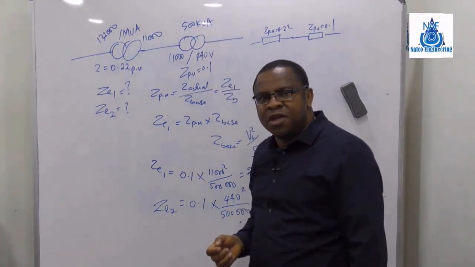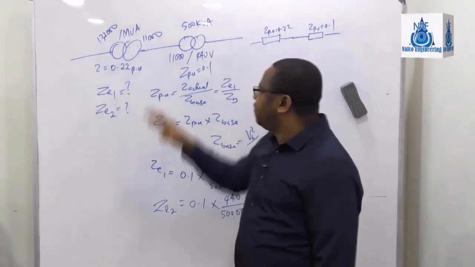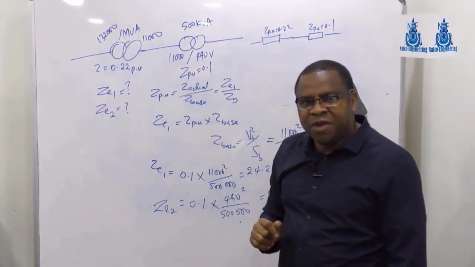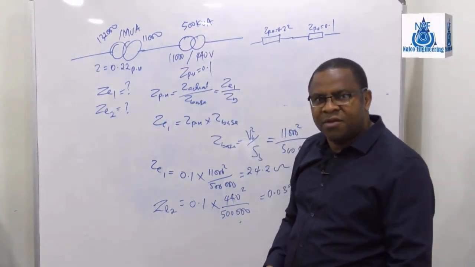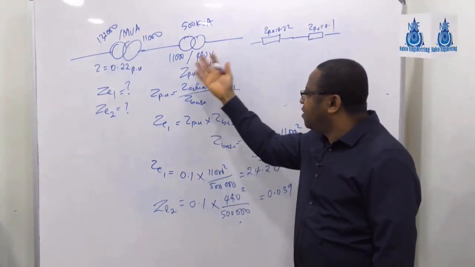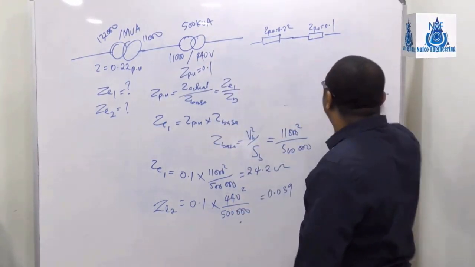What if I ask you to provide a 1 MVA transformer with this configuration? What will be the Z per unit? In other words, we need to convert this to a new base. So let's get that conversion.